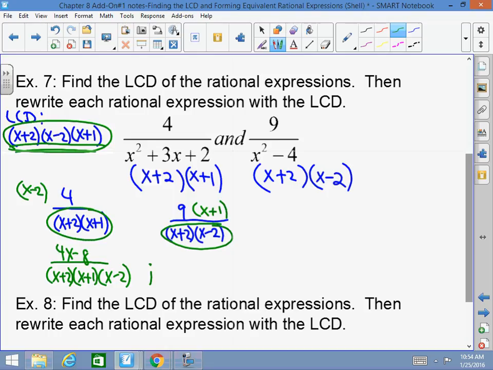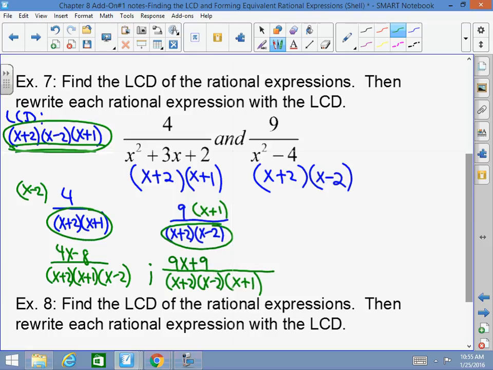So this becomes (9x plus 9) over (x plus 2)(x minus 2)(x plus 1). Now, if I had said to add or subtract these, I would just simply add the numerators together, keep the same denominator, and then simplify from there.